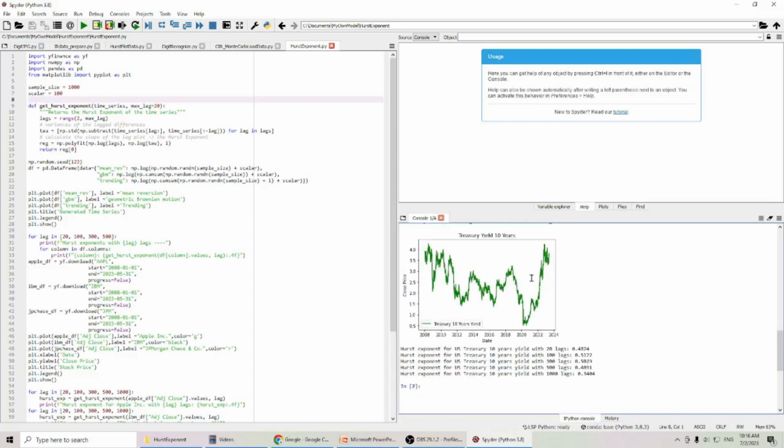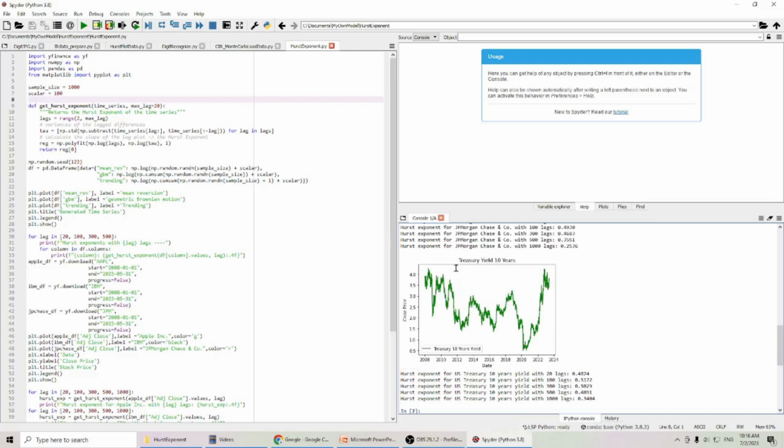Now I got the treasury yield, and when we check the treasury yield for 10-year, you can see the Hurst exponent with 1,000 legs shows the value 0.34.